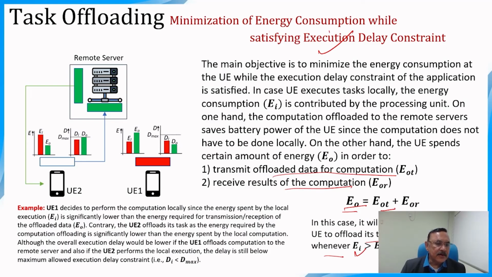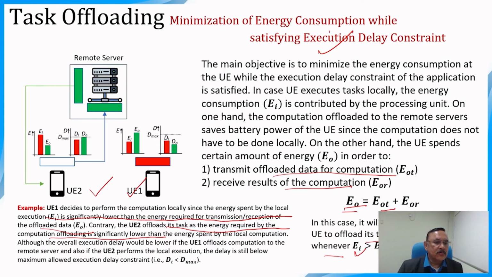In this particular example, user equipment 1 performs the computation locally, since the energy spent by the local execution, E_I, is significantly lower than the energy required for offloading, E_O. So, it will perform locally and will not offload. Contrary to that, the second user equipment will offload its task, as the energy required by computation offloading is significantly lower.